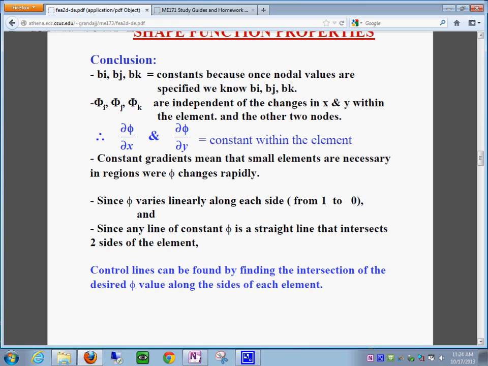Obviously, if there is a nonlinear system, we don't want a drastic change or a discontinuity.